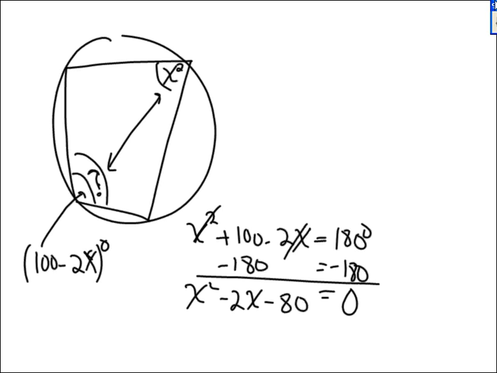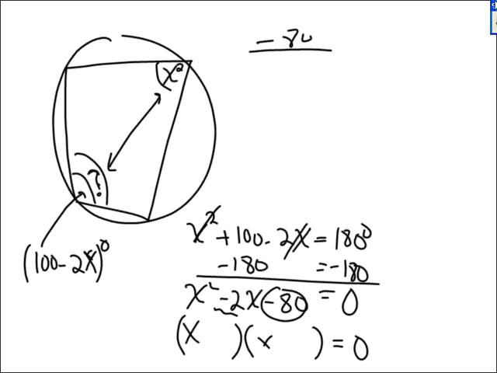Now, I would just love two numbers that multiply out to negative 80 but add up to negative 2. And those numbers I'm going to put right next to the x's. You can have negative 1 and 80, negative 2 and 40, negative 4 and 20, negative 5 and 16. 6 doesn't go in, 7 doesn't, 8 goes in.